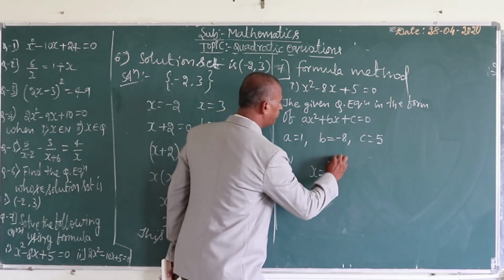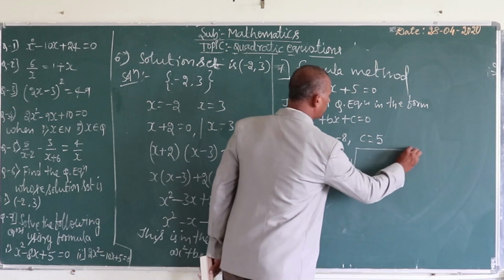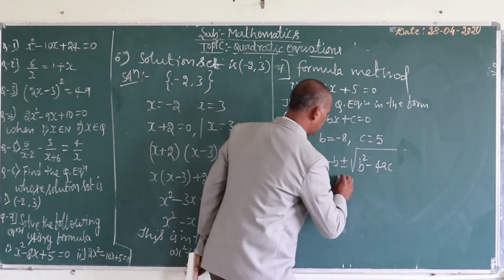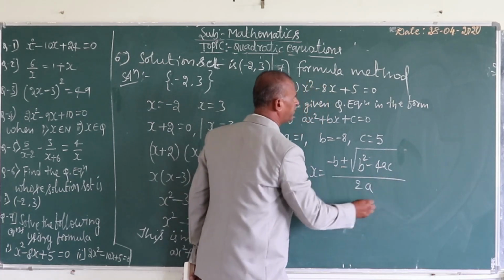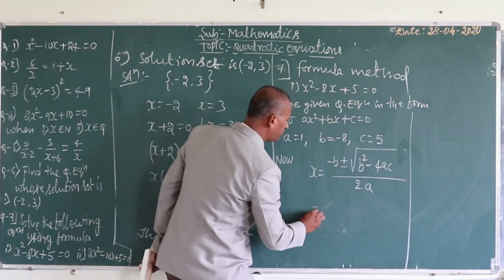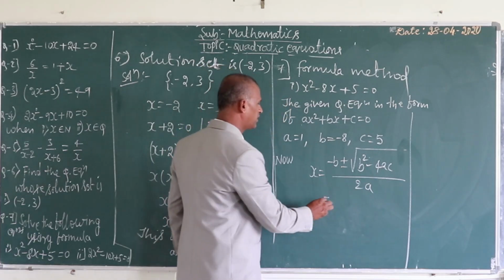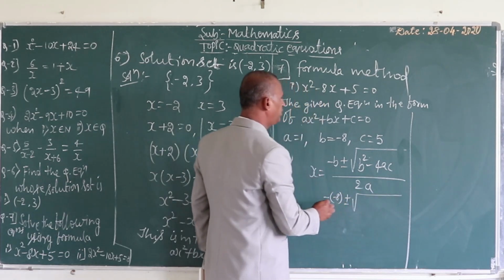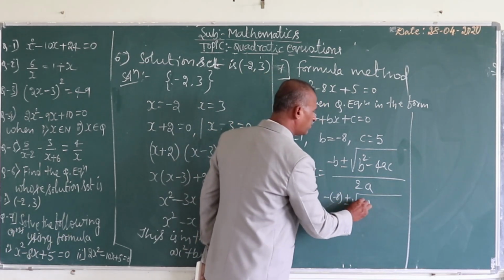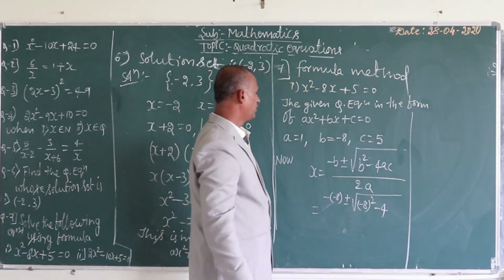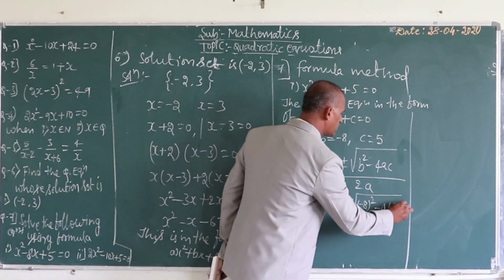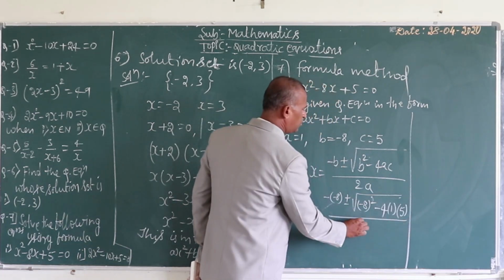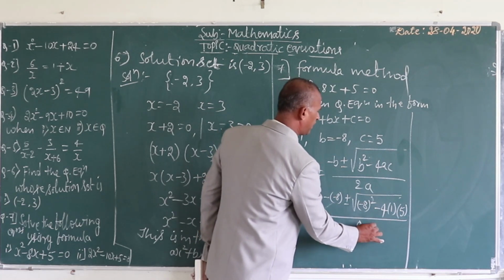Now our formula, what is the formula? x equals minus b plus or minus root b square minus 4ac, by 2a. Now minus b value is 8, plus or minus root of b square, minus 8 whole square, minus 4, a value is 1, c value is 5, by 2, a value is 1.